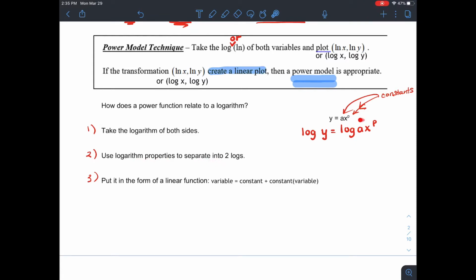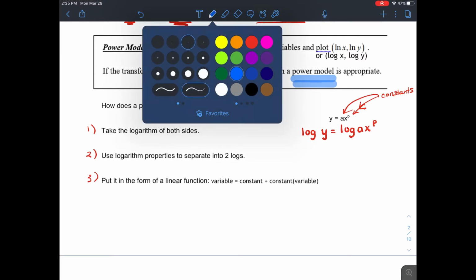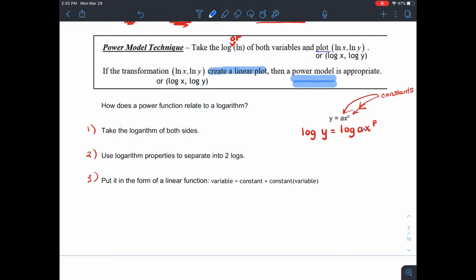We're going to separate this logarithm over here on the right side into 2 separate logarithms. Now remember, I think we talked about when you combine and add 2 logarithms together, you actually multiply their arguments. So I want you to think of these 2 things, a and x to the p, as maybe the 2 original arguments of 2 logarithms, and I'm going to separate this.